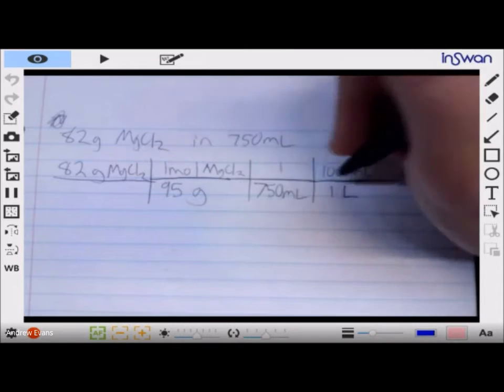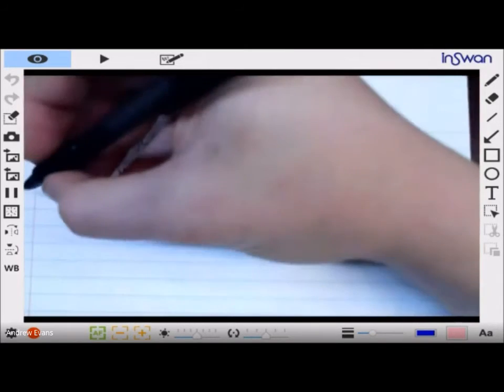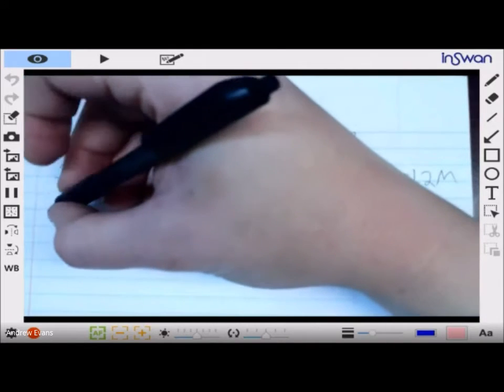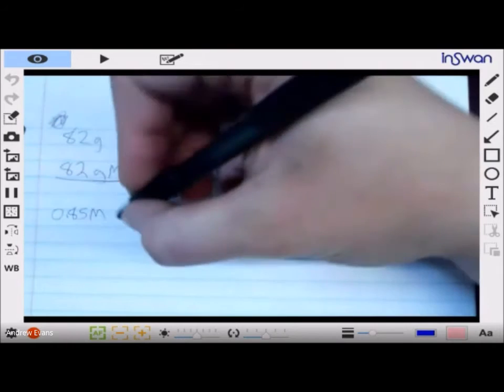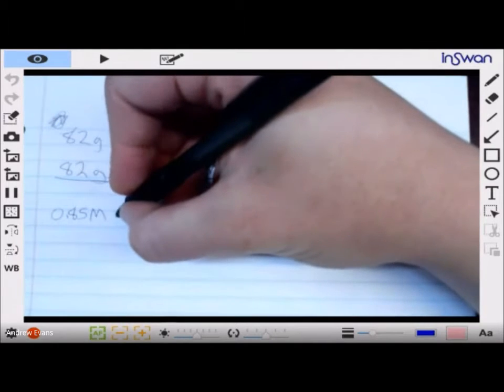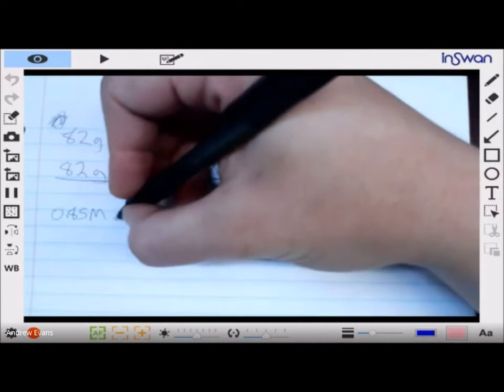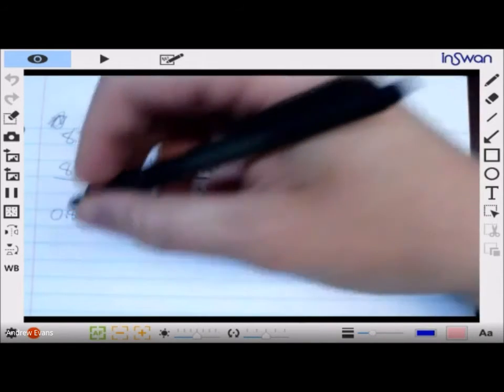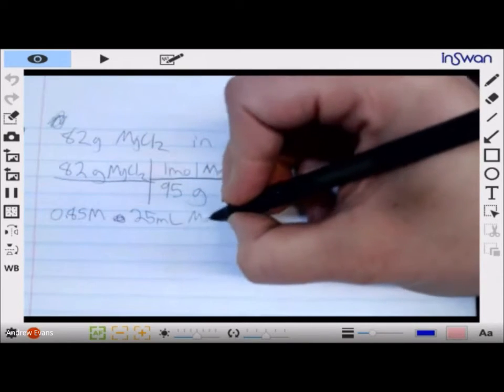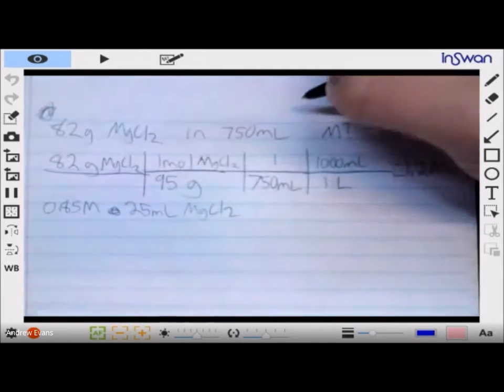You could also go from molarity back into grams. What if I had 0.85 molar? We took 25 milliliters of 0.85 molar magnesium chloride. We're going to use the same thing just to save on calculation.